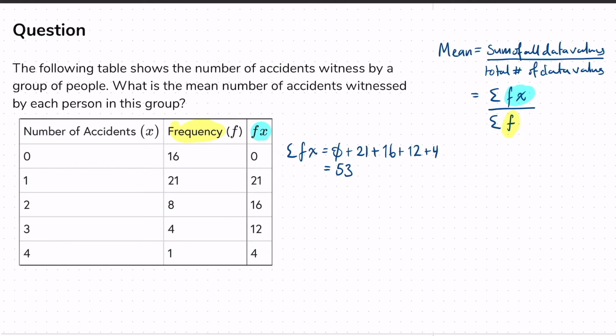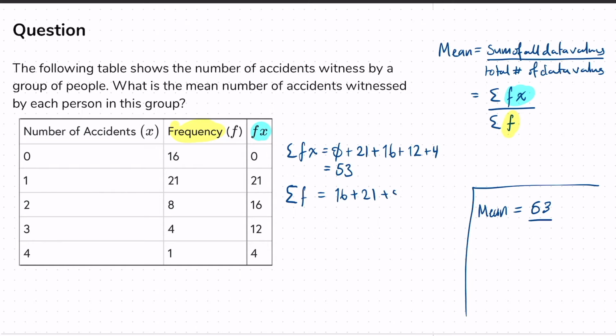So my mean is going to be 53 divided by, let's figure it out, the sum of the frequency. That is 16, 21, that comes to 50. So 53 divided by 50 equals 1.06.